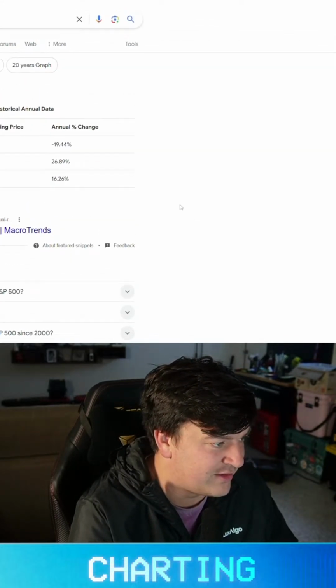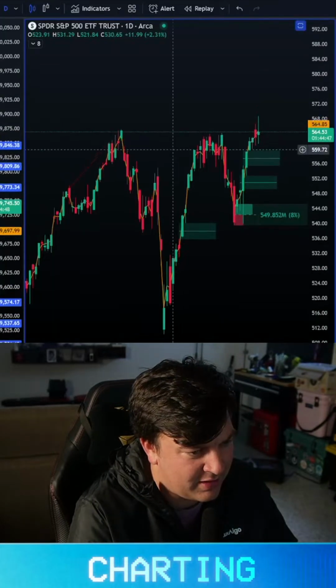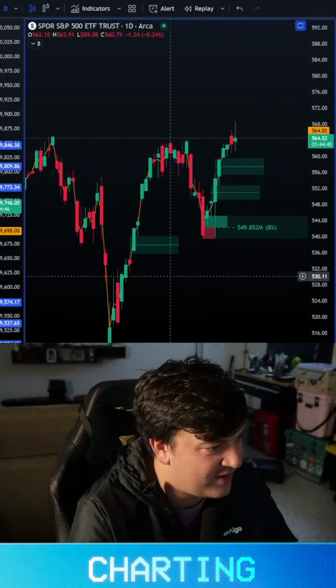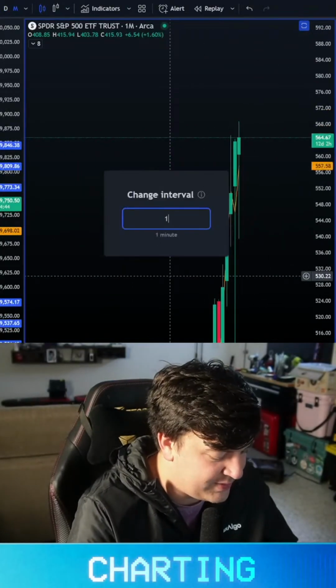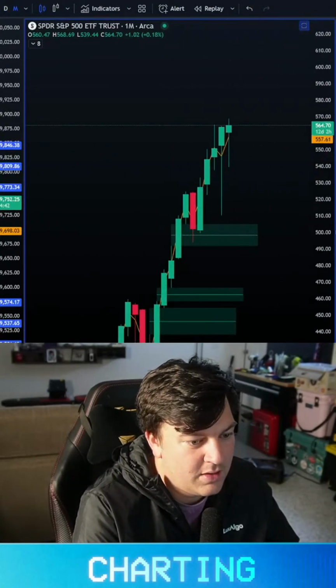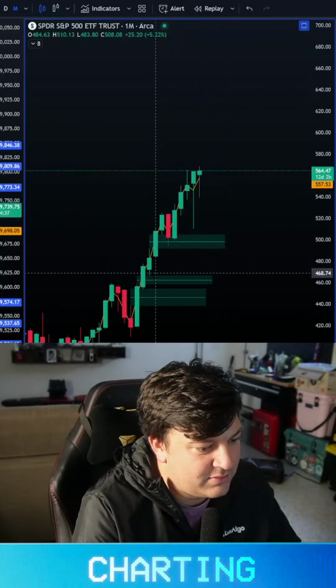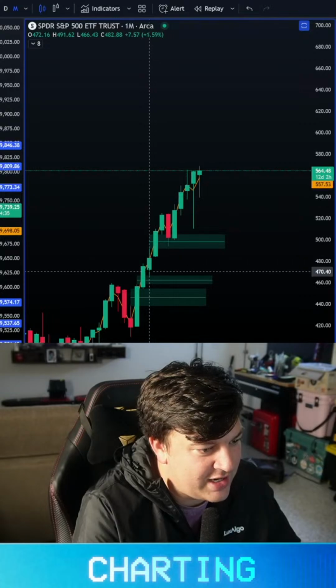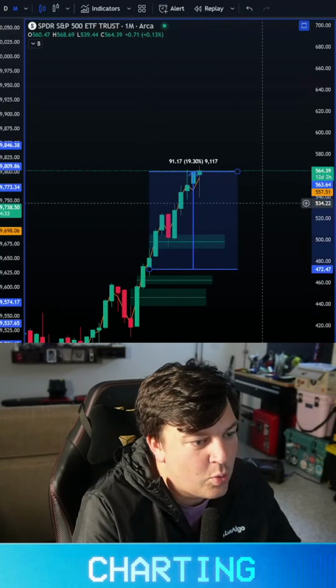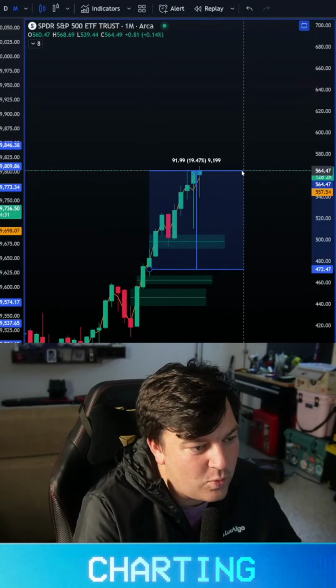And in 2023, I think it was roughly the same, in the 20-ish percent. And if we go to the monthly chart on SPY, let's go to the beginning of this year, January. Here's your January open right here to now. We're up 19%, even with a rate cut.